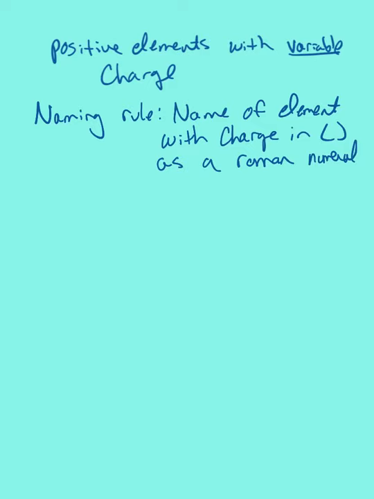So for example, if I said Fe plus 2, that would be called iron, Roman numeral 2, ion.